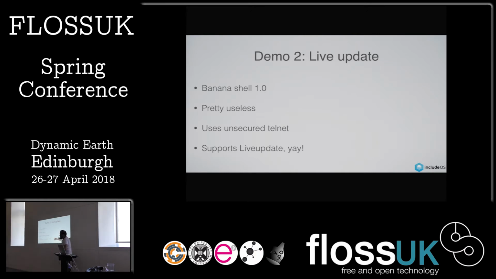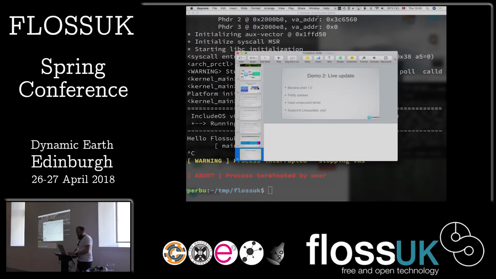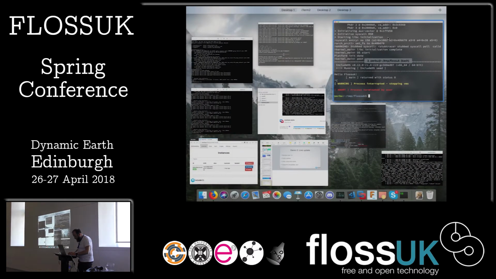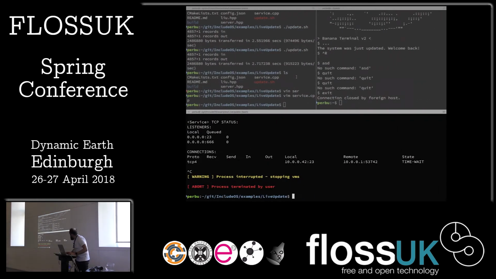Next application, Banana Shell. It's pretty useless. It uses unsecured telnet. Unsecured, as in there's not even a password or anything. Okay, so let's see if I can find it. There's supposed to be a window here. There it is.